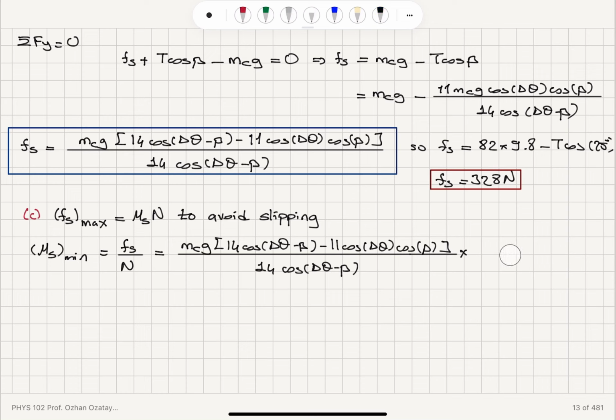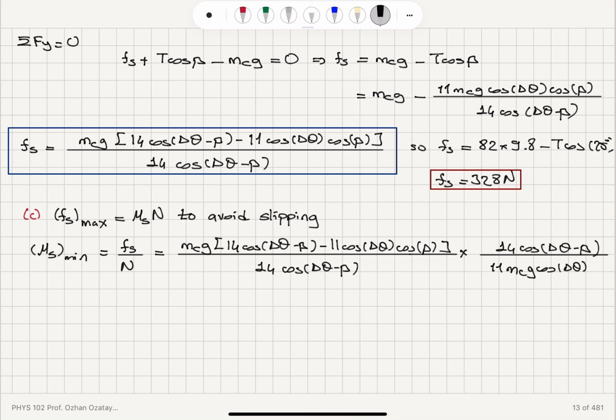It's 14 cosine delta theta minus beta divided by 11 mcg cosine delta theta multiplied with sine beta.